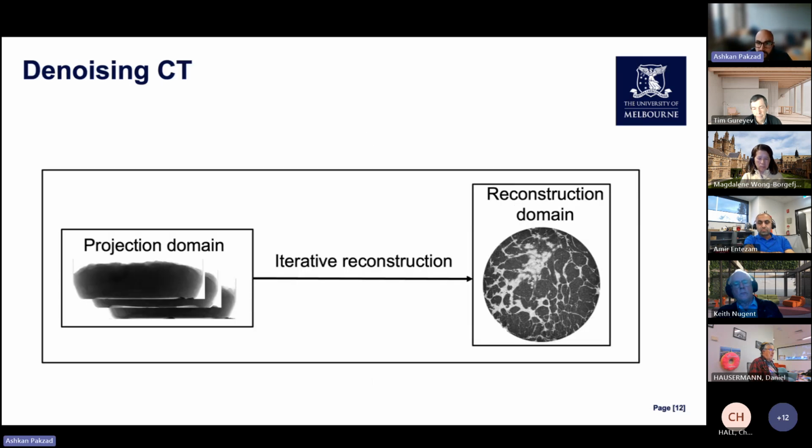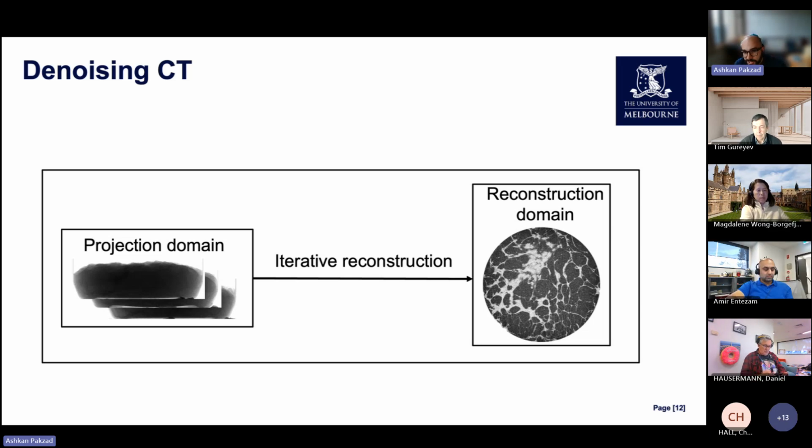Yeah, so as I was coming to here, I just wanted to cover denoising in CT. You can come at it from many different angles, and of course, for each of those angles, you can apply deep learning to any of them. So we can denoise projections directly before the reconstruction.